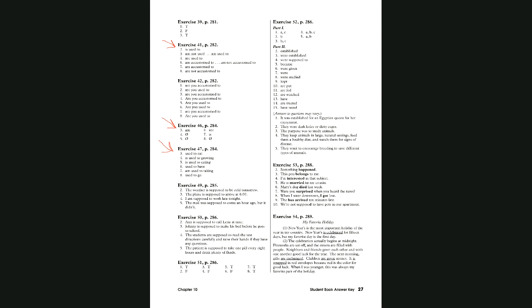Okay, let's go to exercise 51, which is at the bottom of your screen here. Number 1 is true. Number 2, false. Number 3, true. Number 4, false. 5 is true. 6 is false. 7 is true. 8 is false.